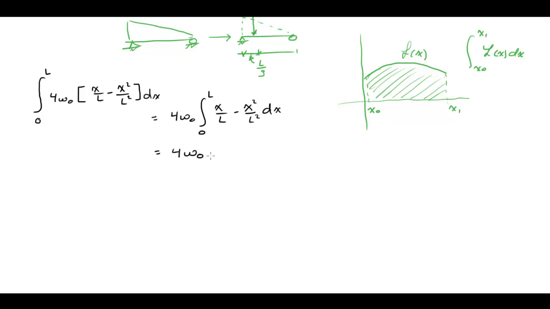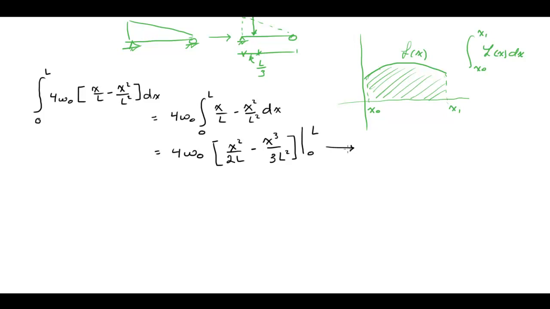I'm not going to do the whole thing, you know how to do this one, but let's do just one more step: x squared over 2L minus x cubed over 3L squared, evaluated from 0 to L.